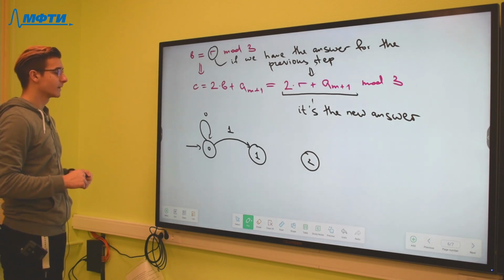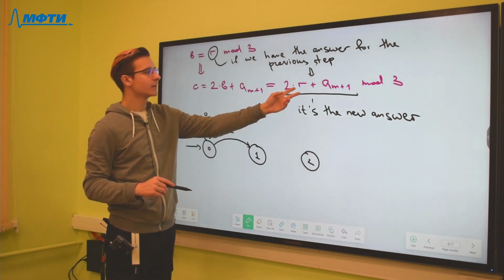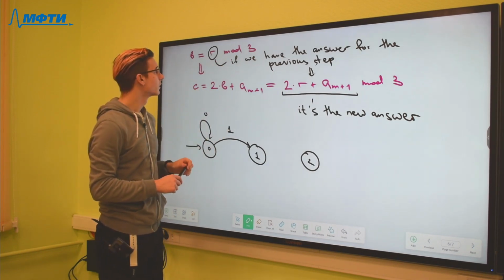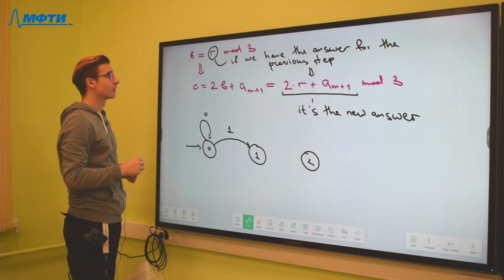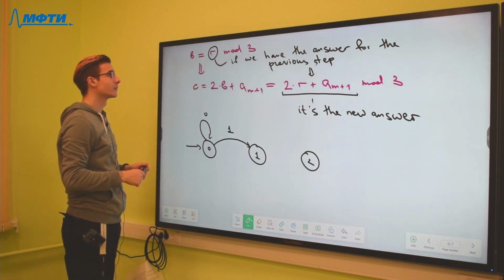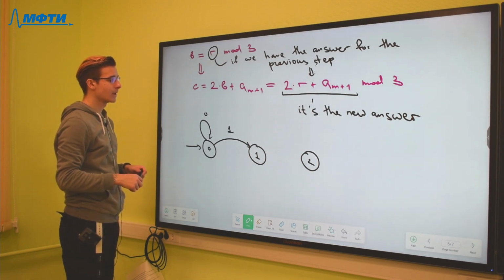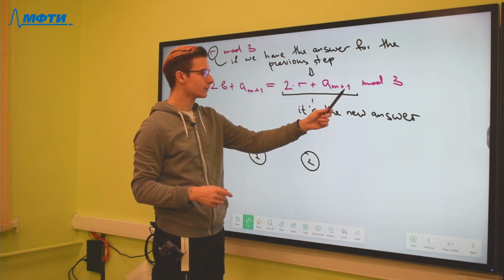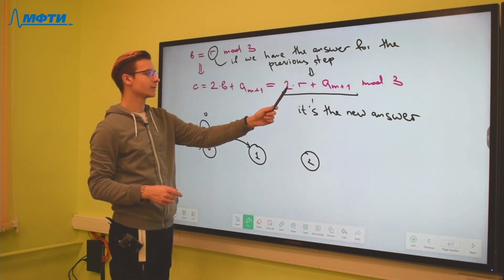Okay, then if R is equal to 1, and we know that B has this number as the residue when we divide it by 3. So if we have a new character equal to 0, then the new residue will be equal to 2.